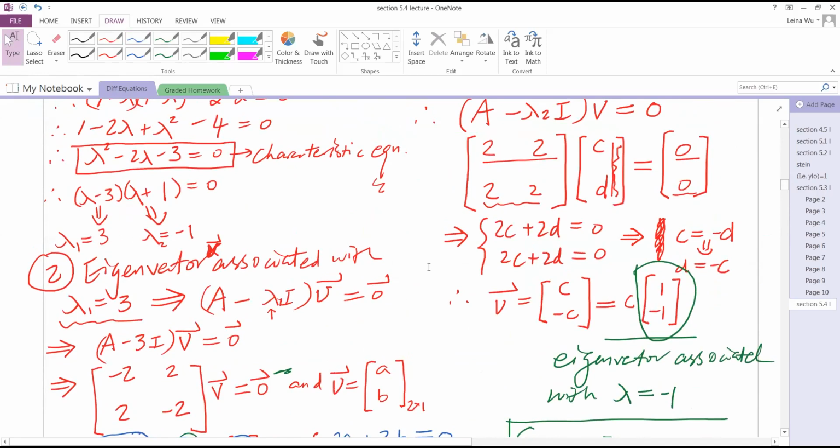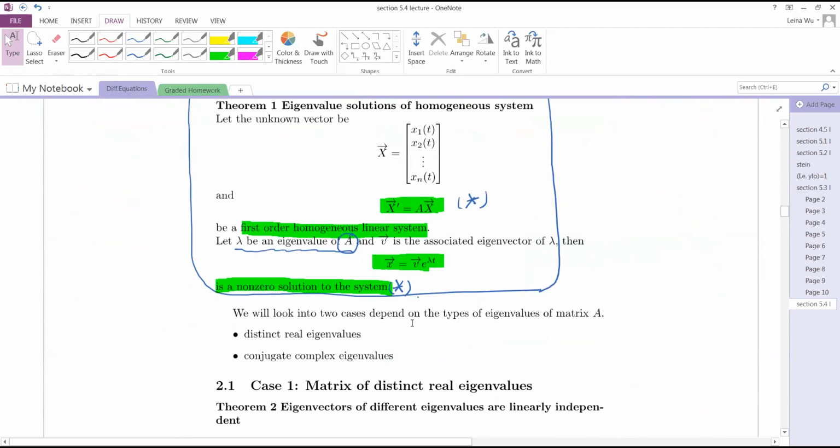So based on different cases of those eigenvalues, we would be looking at 2 different cases. The first case is, what if the matrix A has distinct real eigenvalues? The second case is, what if it has conjugate complex eigenvalues? So real eigenvalues versus complex eigenvalues.